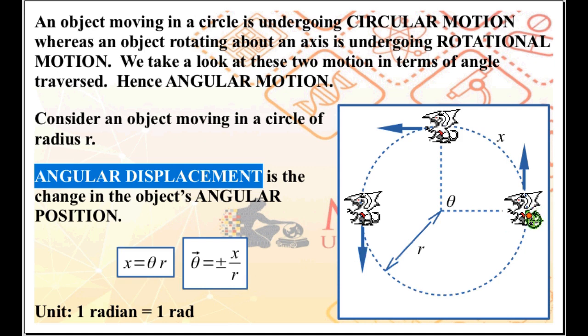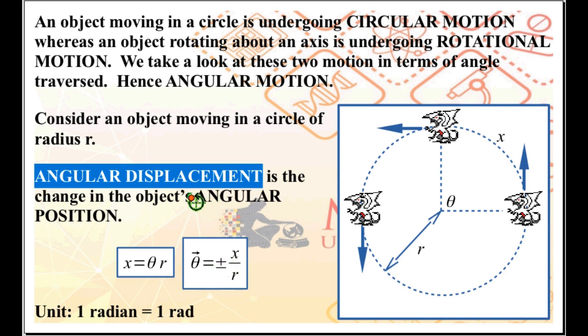For an object moving in a circle, there are two possible directions. The object may be moving in a counter-clockwise direction, or in a clockwise direction. If we designate one direction to be positive, the other direction will be negative. So putting direction in the equation, we have a plus-minus sign, plus for positive direction and minus for negative direction.